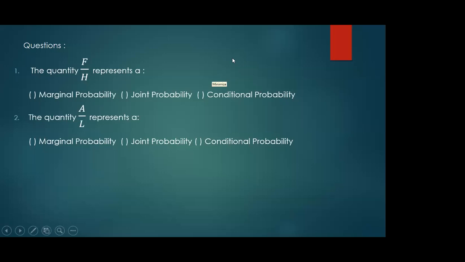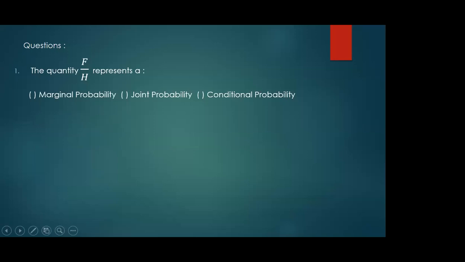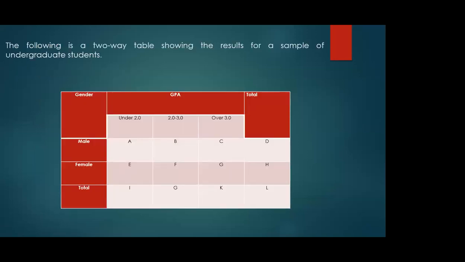So the quantity A divided by L. A is the intersection between being a male and having a GPA under 2.0, and L is our grand total. So what does A over L represent?